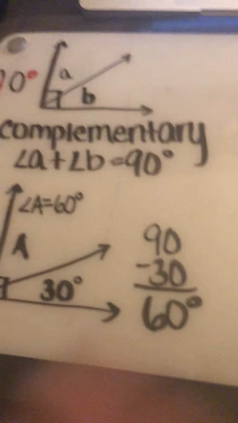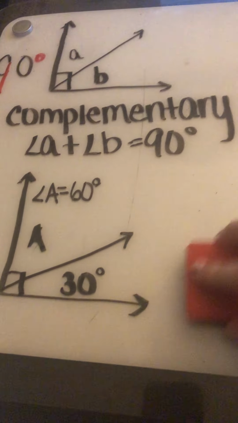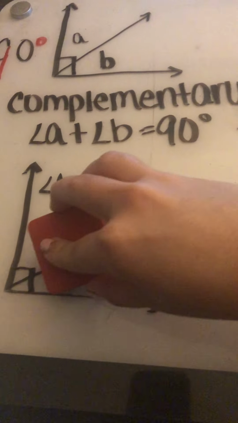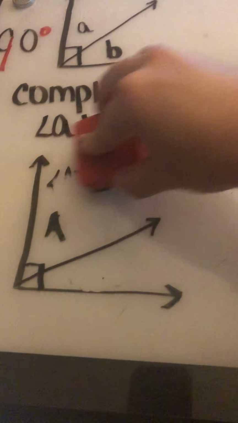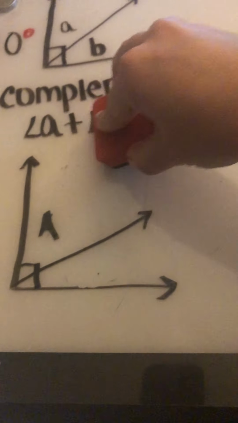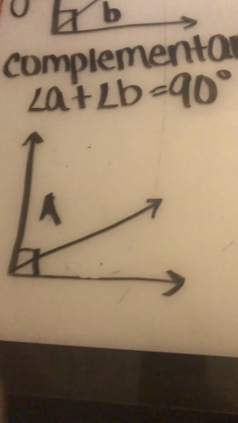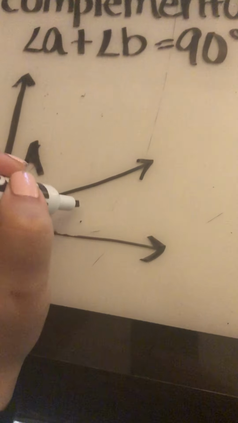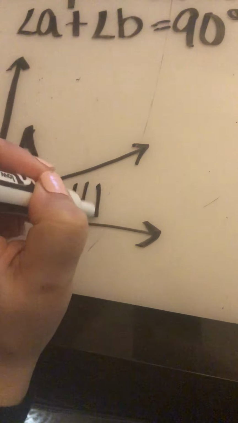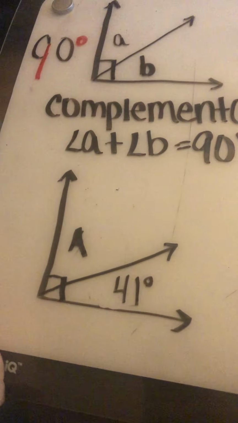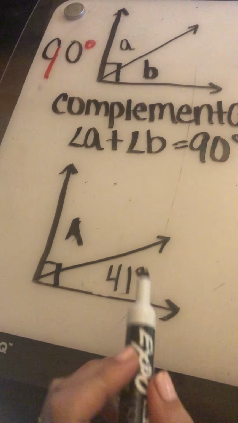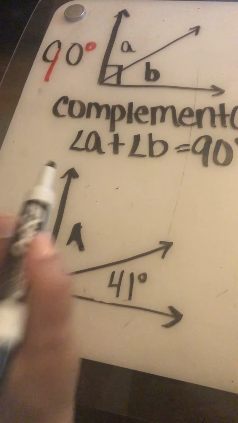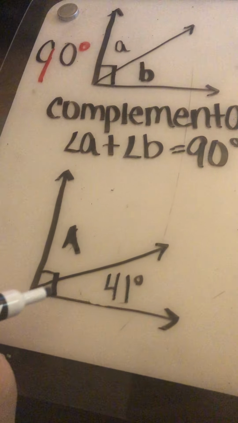I'll do one more example and then I'm going to go on to the other one. Let me erase this, use the same picture. Okay, so they might give you, let's say this is 41 degrees. Okay, so this angle 41 is complementary with angle A because they fall in the right angle.